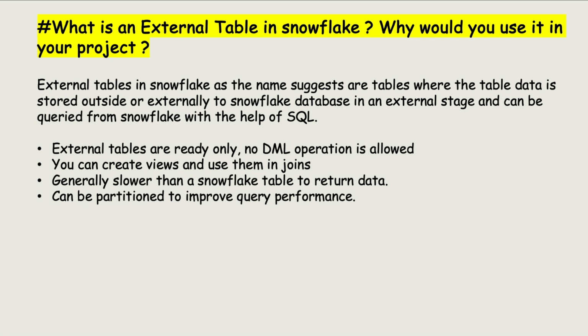Also, optimizations like columnar storage might be missing when selecting data from external files. But when it comes to performance, all is not lost for external tables because we can improve external table performance by partitioning external tables, which results in better select performance, as only files that are relevant are accessed when we use the partition column in the select statement.